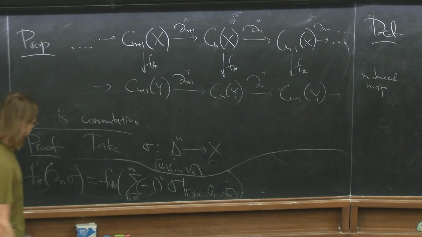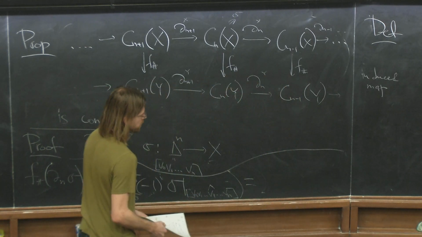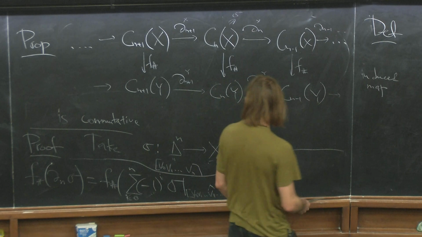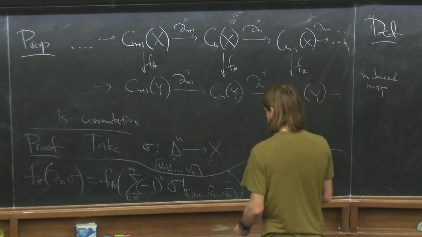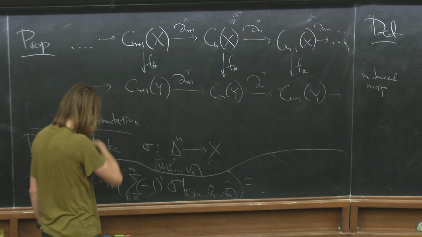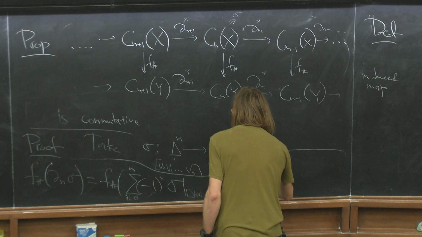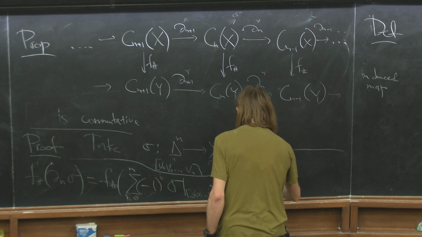Okay, good. And then we apply F sharp to it. Again, we just use linearity. By definition, F sharp is linear, so I can just apply it to each term. In this sum over i, take my sign outside, coefficients also outside.